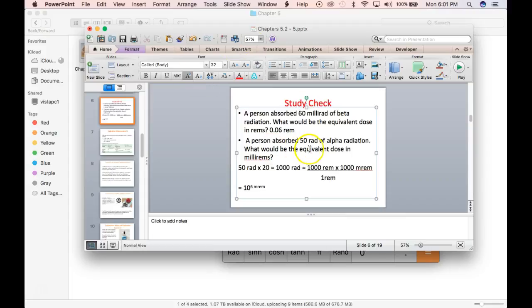Okay, so that 50 rad of alpha radiation is 1,000,000 millirem.